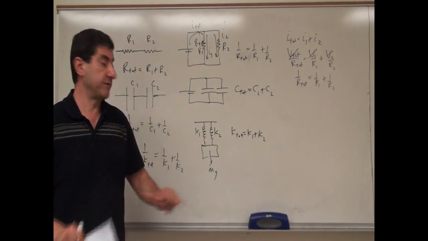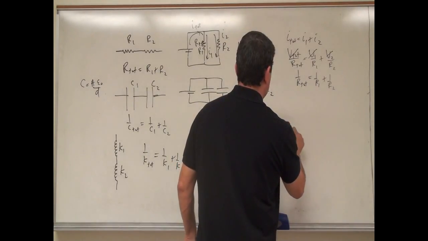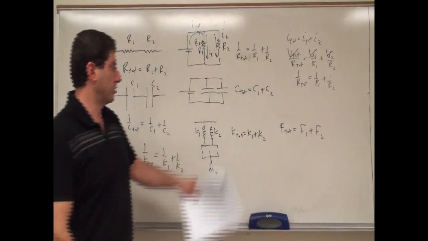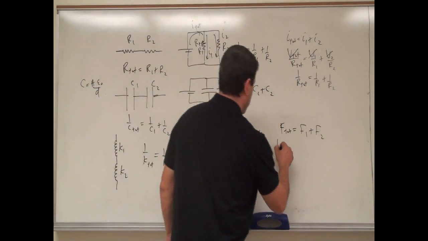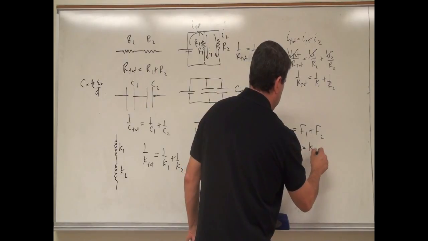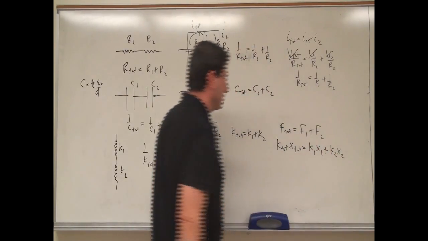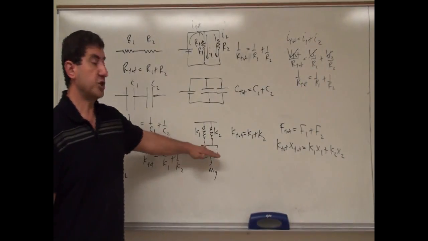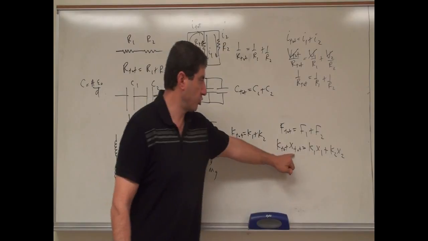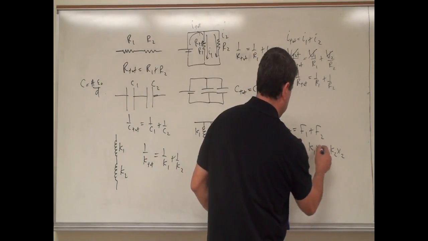So F total is equal to F1 plus F2. Then F total is K total X total, F1 is K1 X1, and F2 is K2 X2. Each spring will stretch the same amount, so X total is equal to X1, which equals X2. So the X total cancels.